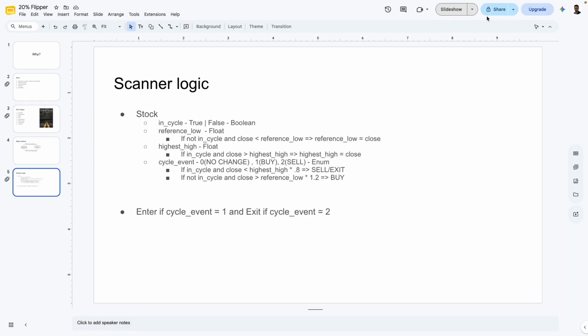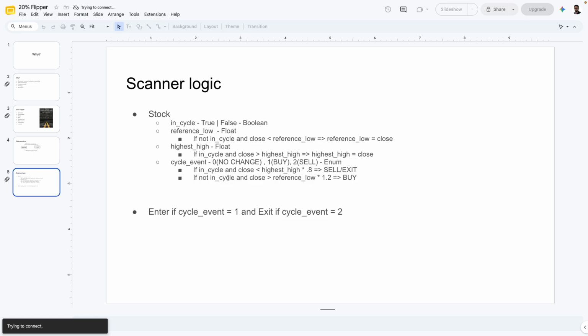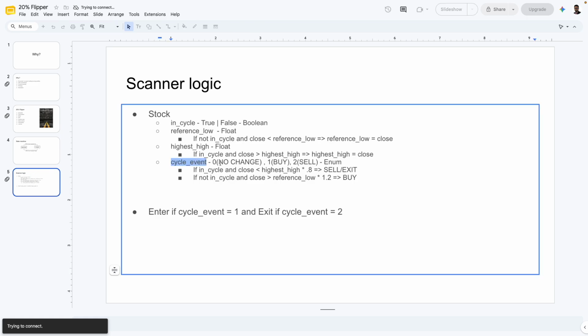So the cycle event: is there a change in cycle? Is the stock flipping today?